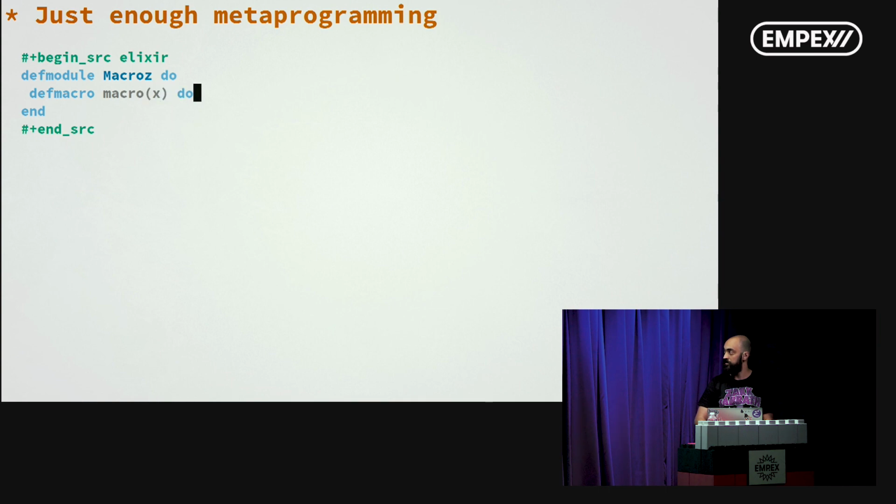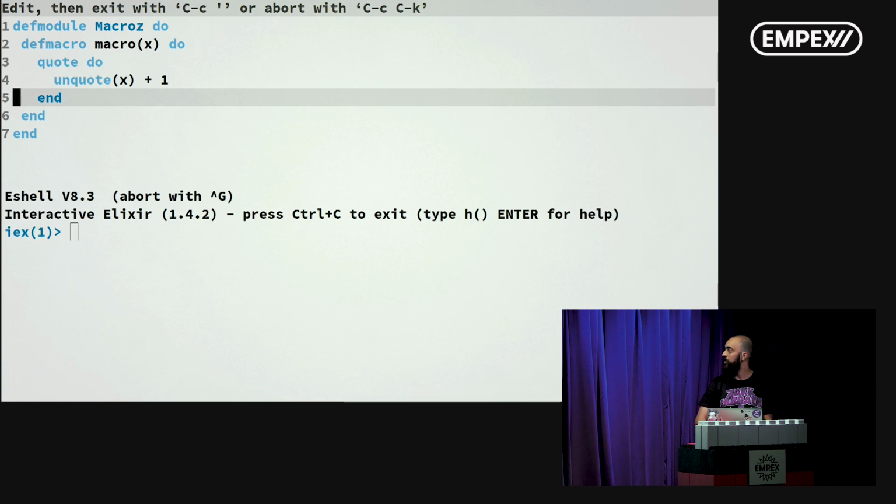So I'm just gonna copy and paste this thing. Well, let's go. It's kind of laggy. It's making me nervous. So we're gonna write a macro called macro, which will only add 1 to the argument, right? So I'm gonna open a REPL here.